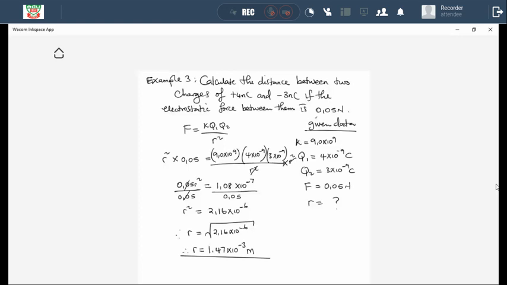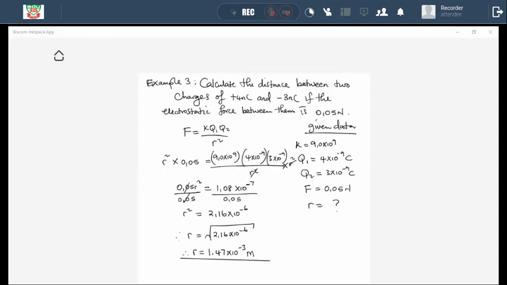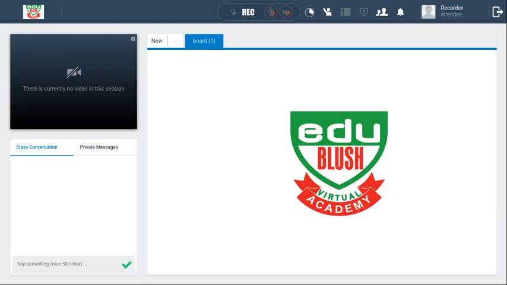So thank you so much, friends, once again for joining us. And this example marks the end of our Coulomb's law. The next presentation that we are going to have, we are going to be looking at calculating the net electrostatic force when we have three charges which are in a straight line. Then from there we go to three charges which are at a right angle.